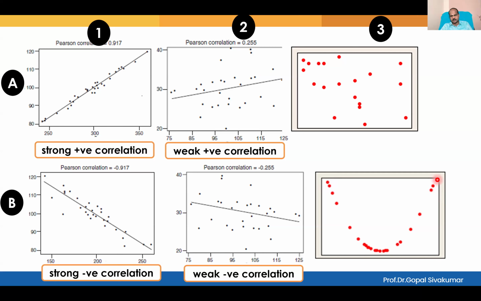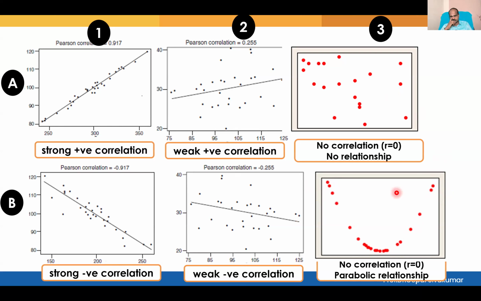This curve is known as parabola. You can either say parabolic relationship or quadratic relationship. So no correlation, no relationship for the previous case. Whereas for the last case, there is no correlation, but there is parabolic or quadratic relation.